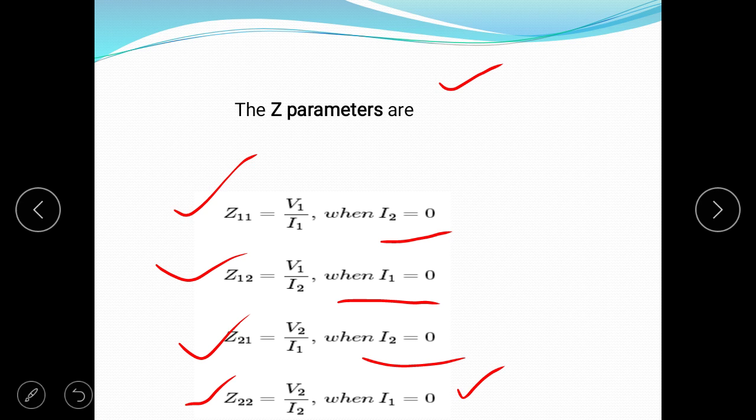But Z12 and Z21 are known as transfer parameters because in these parameters the ratio of quantities is of both the ports, such as Z12 is V1 of port 1 and I2 of port 2, and in Z21 it is V2 of port 2 and I1 of port 1. So these are known as transfer parameters.